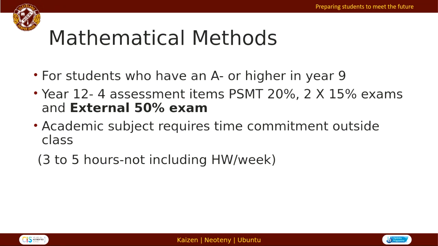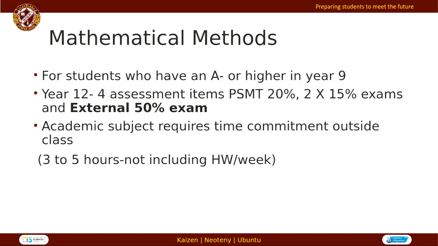The assignment, the PSMT, which is worth 20%, 2 15% internal exams. Internal meaning they are written by the school, they are endorsed, and the school presents them to the students and is marked by the school.